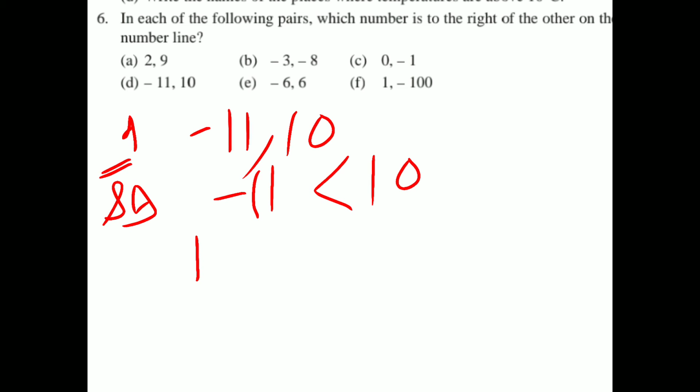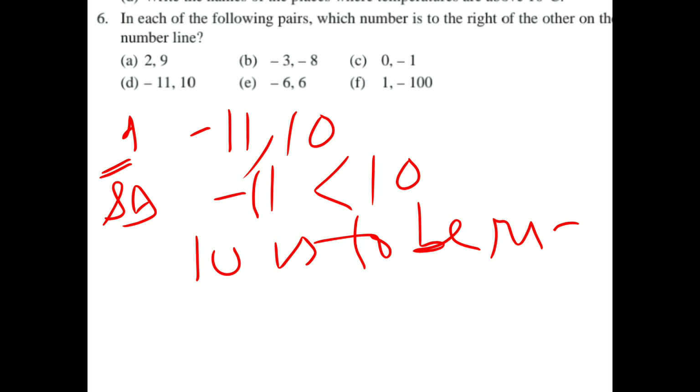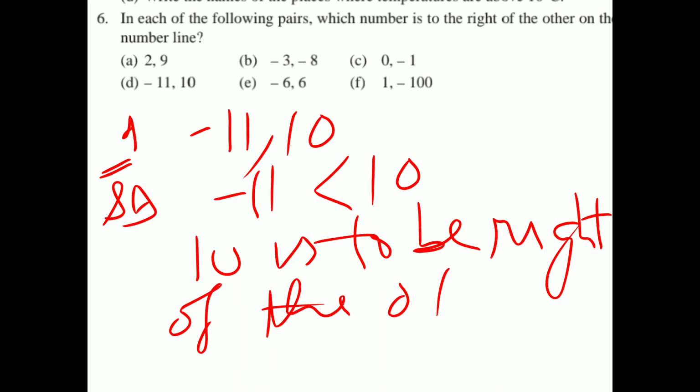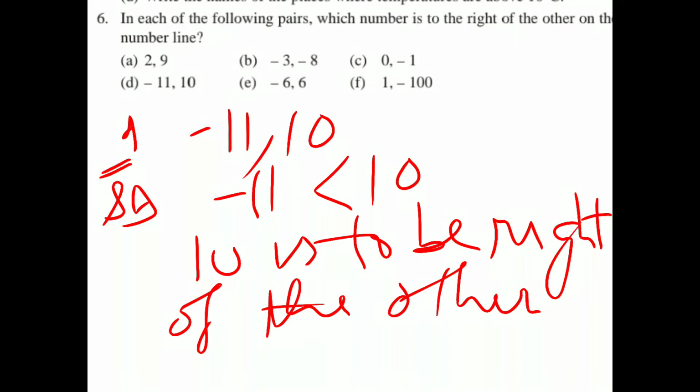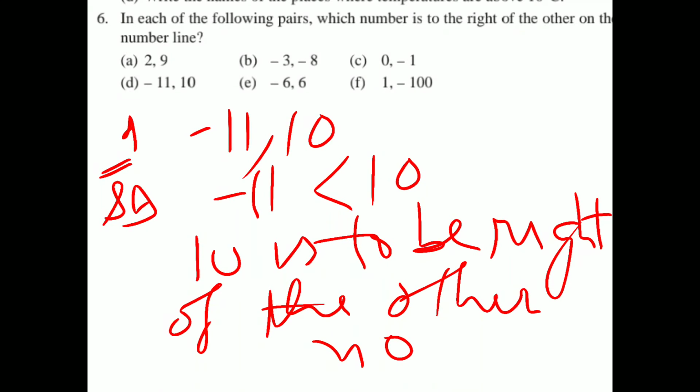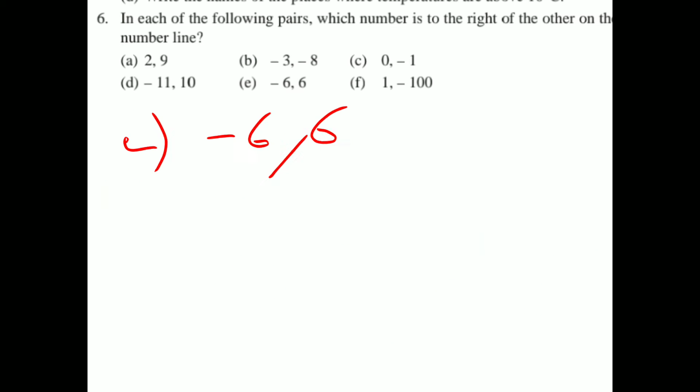So which number is to be right of the other? 10 is to be right of the other number. Clear? You have to write this line. Now we do E part.